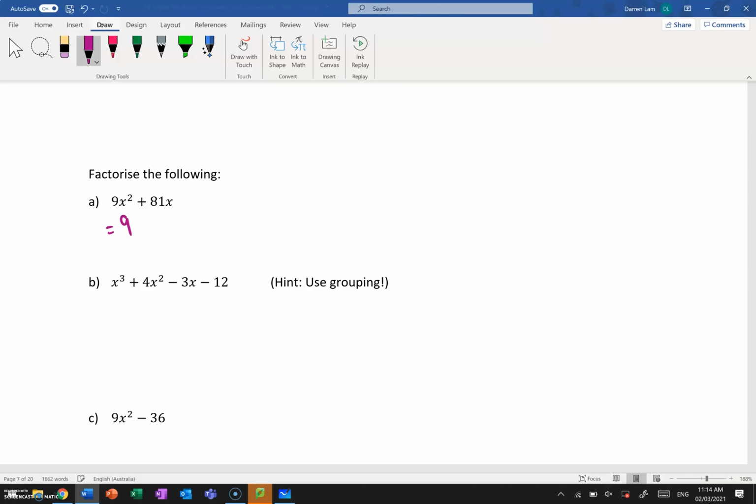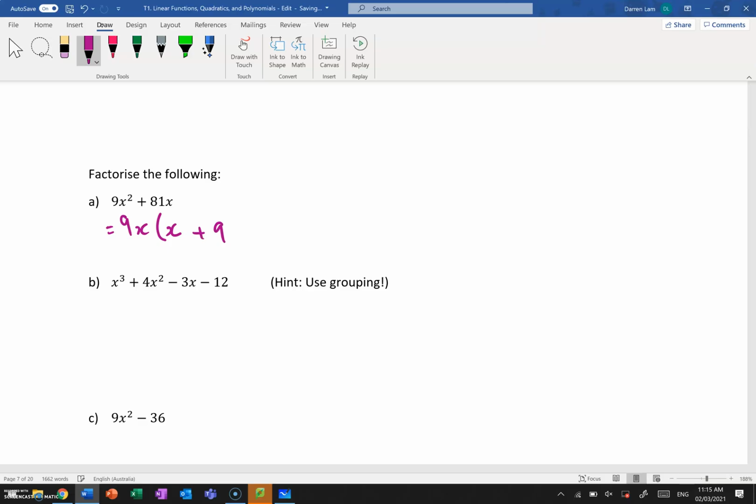So 9x, that's a common term, so I'm saying 9x squared divided by 9x gives me just x. Think about it this way. X times 9x gives me 9x squared. Awesome. What's 81x divided by 9x? So what's 81 divided by 9? 9.